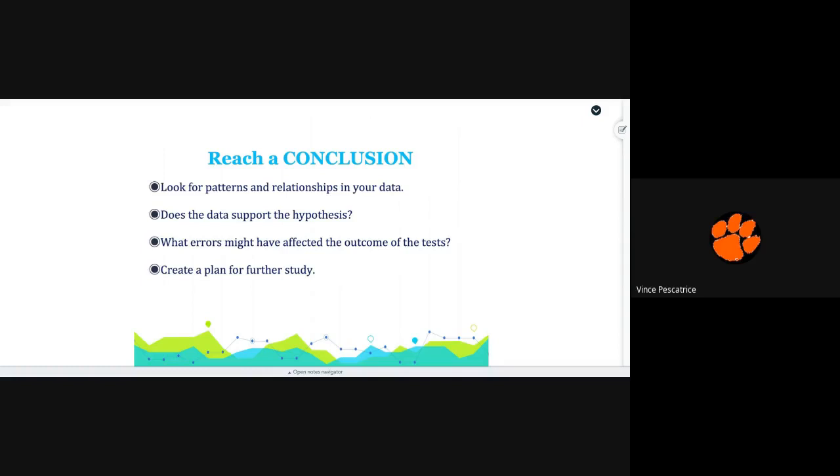Now, it's very important for you to know it does not always work out that way. Your data might not support your hypothesis, all right? In one of my other classes today, it did not. And that's okay, because you can still learn something if your hypothesis is wrong. Remember, your hypothesis does not have to be right.